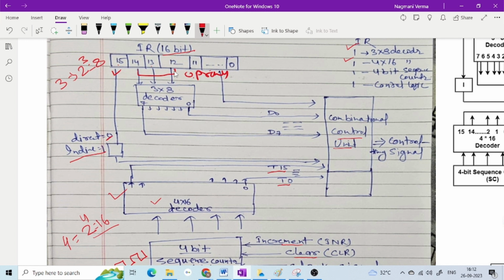If it's 0 then it's direct, if it's 1 then it's indirect. Now what is happening, this opcode is decoded by the 3 into 8 decoder, and it will send D0 to D7. So these are the instructions from here to here, and this determines on which operand they have to perform this operation. This is going to the combinational control unit where they will perform the logic.